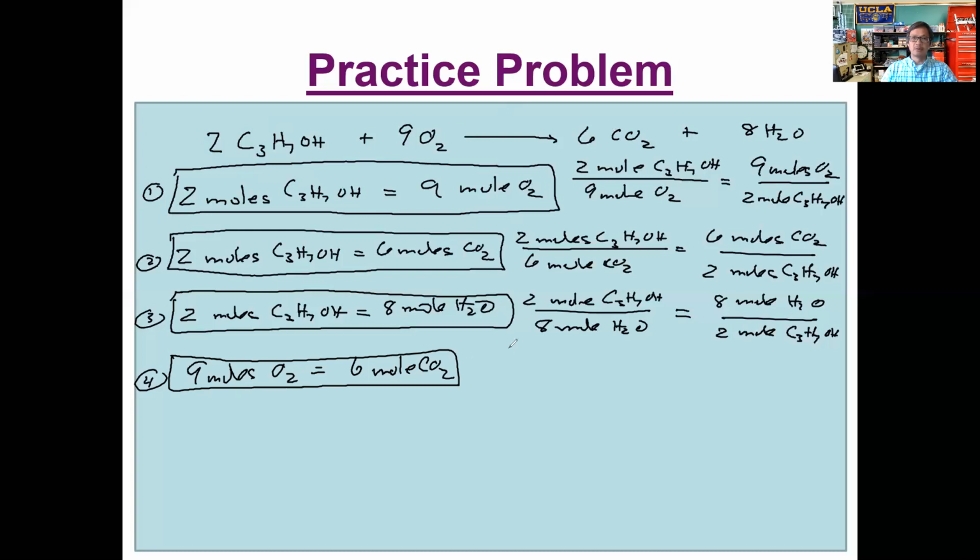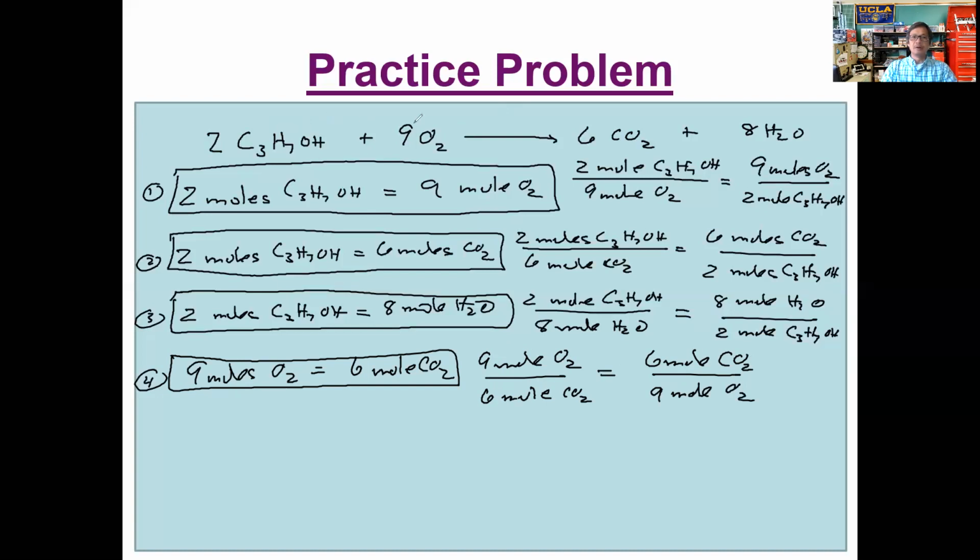So let's write out the mole ratios for this: 9 moles of O2 over 6 moles of CO2. We can take the reciprocal, flip that around, 6 moles of CO2 over 9 moles of oxygen. And again, those two are exactly equal to one another.